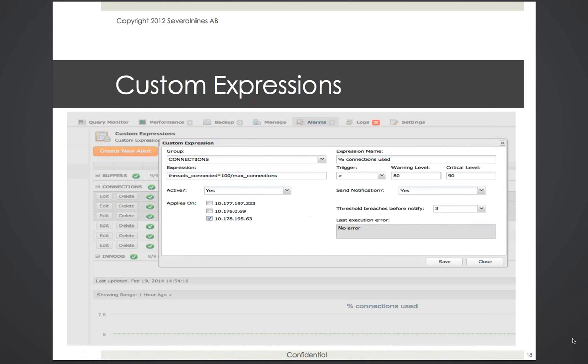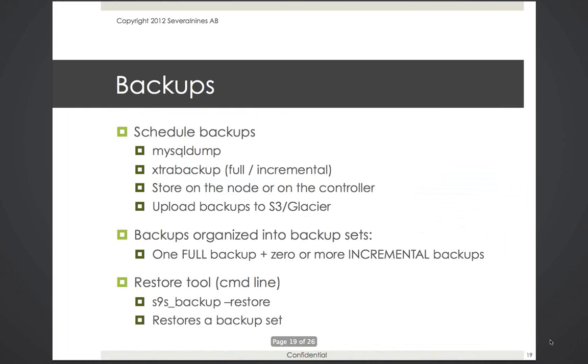You can also pinpoint which nodes you want to run this expression on, so you have fine-grained control, if you want to set a particular threshold on one node, for example.